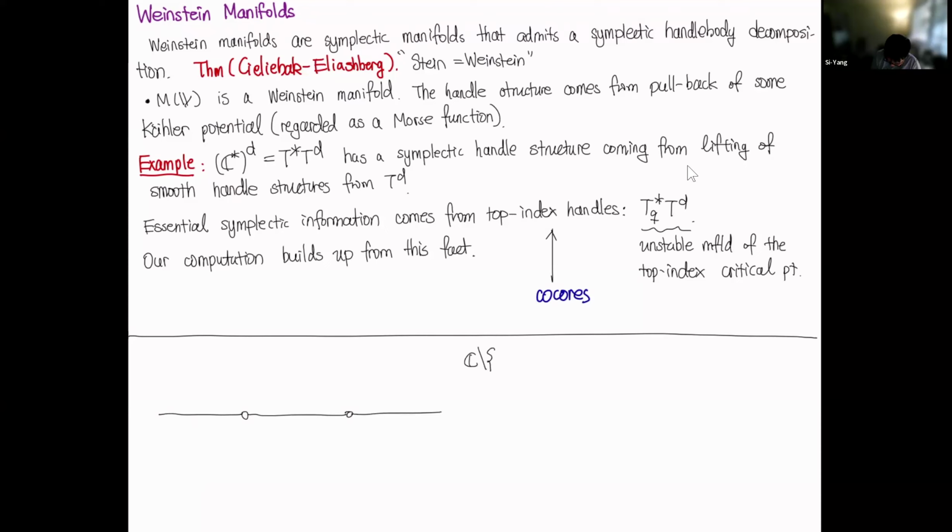This is C with two points removed. You pick a bounded Lagrangian so that your cassette can only choose to be left or right. Then you have these two Lagrangians, L1 and L2, and you want to compute the Floer cohomology from L1 to L2 or from L2 to L1.